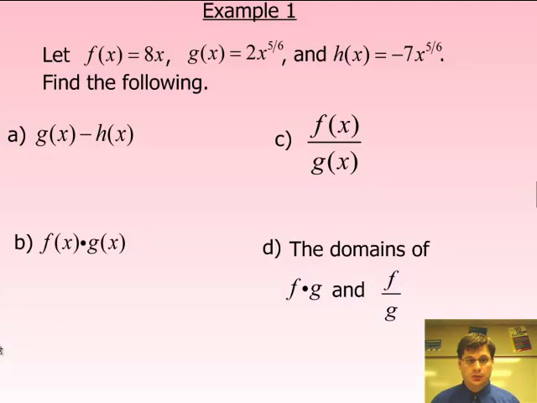In this first example, we're going to define three functions: f of x, g of x, and h of x. And we're going to perform a number of operations with these functions. So we'll start off with a, which is g of x minus h of x. So now we'll substitute what these are.